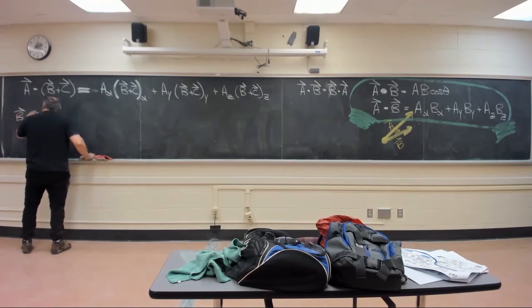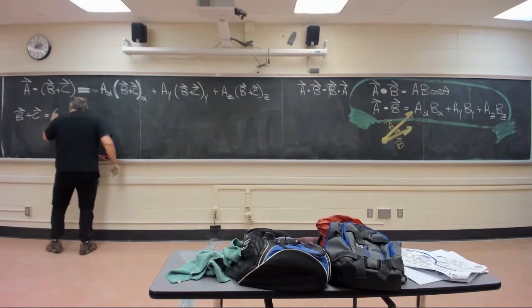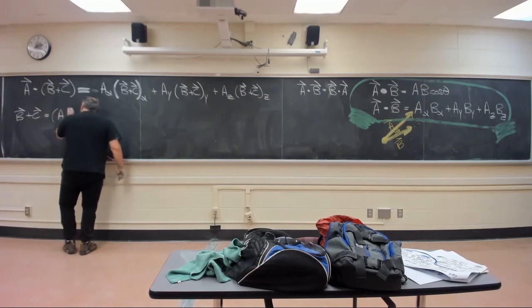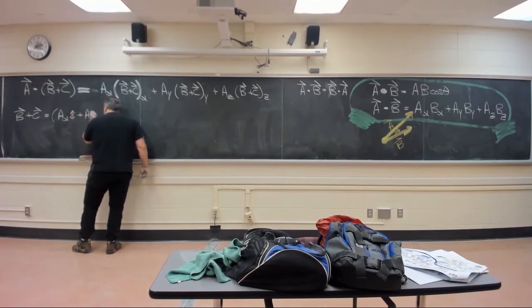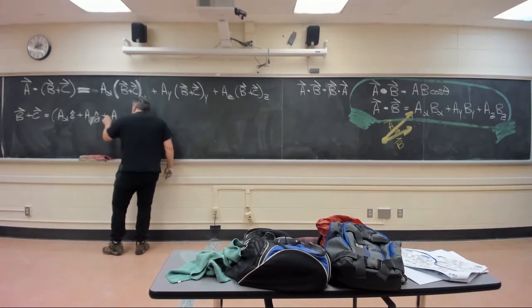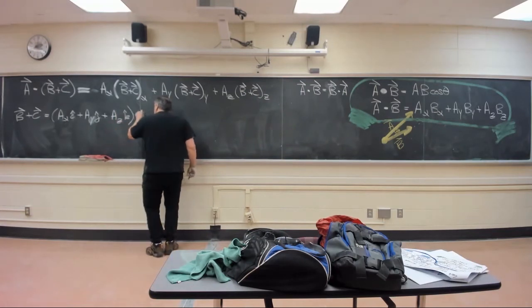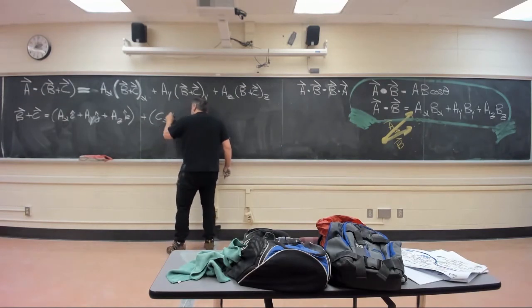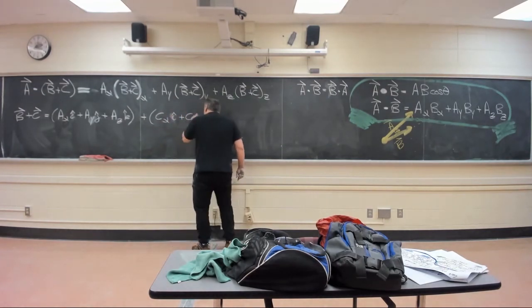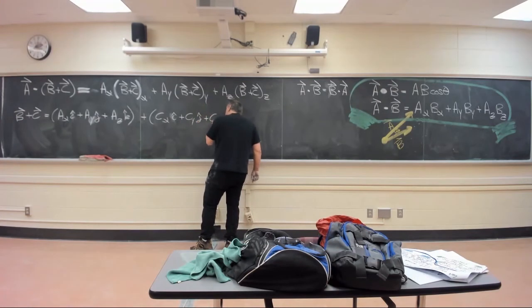Is B vector plus C vector going to be BX i hat plus BY j hat plus BZ k hat, plus C sub X i hat plus C sub Y j hat plus C sub Z k hat?